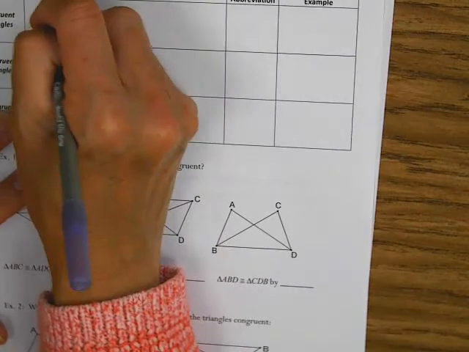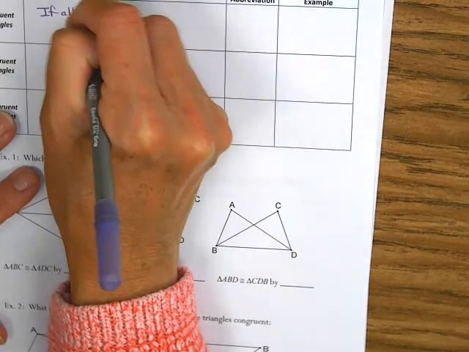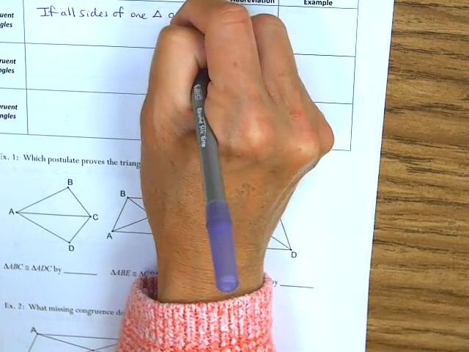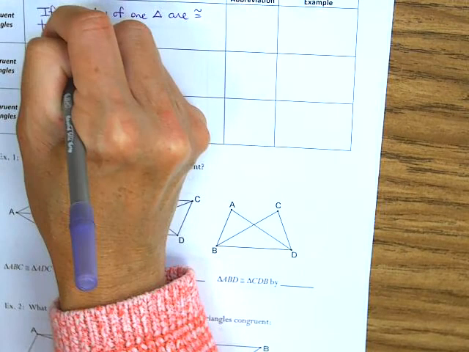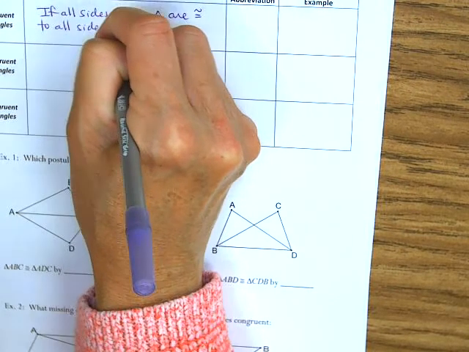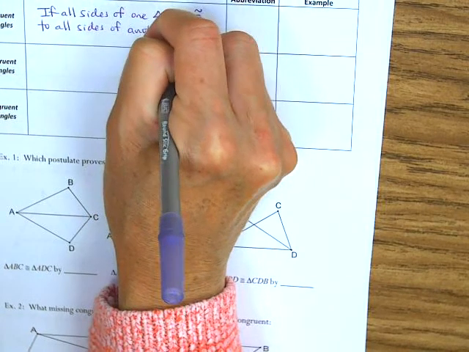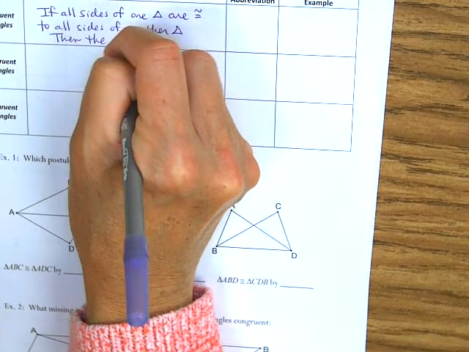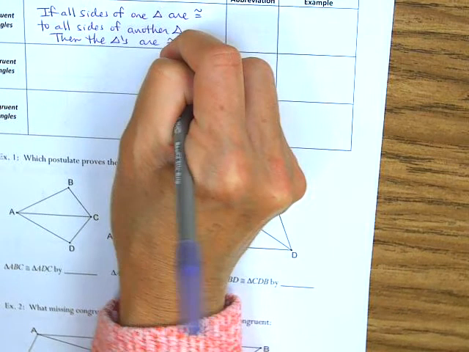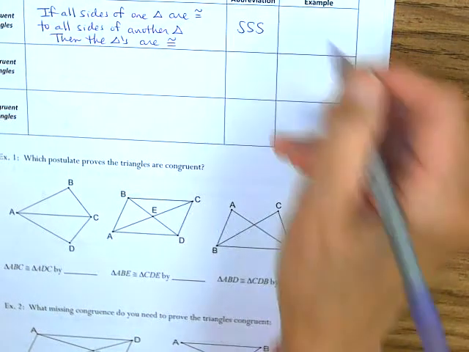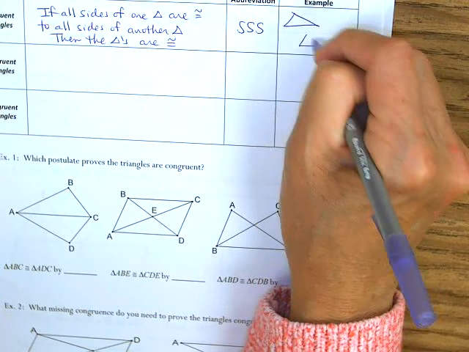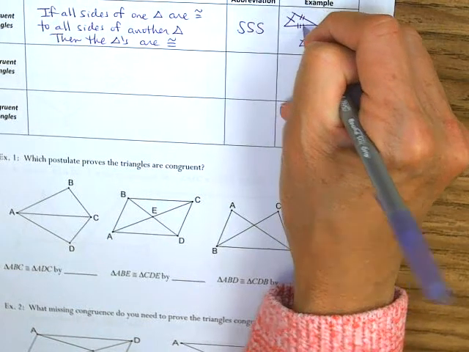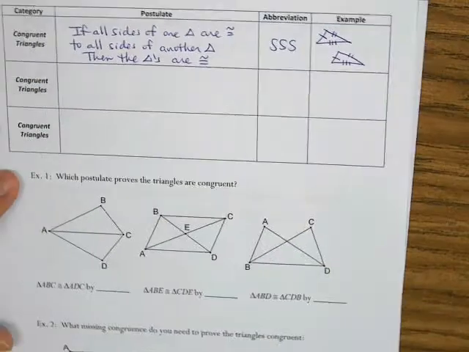So we're going to say if all sides of one triangle are congruent to all sides of another triangle, then the triangles are congruent. We call that side, side, side. So basically, if these two sides match, if these two match, and if these two match, we could definitely say those triangles are congruent.